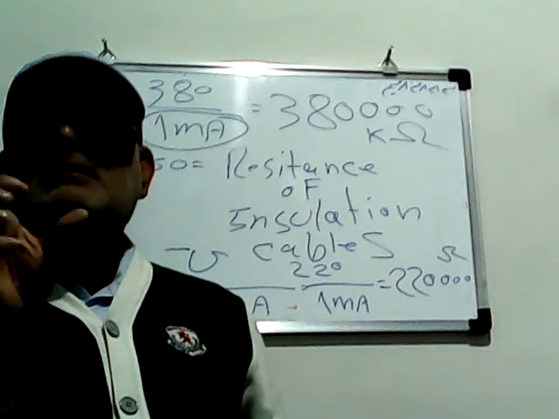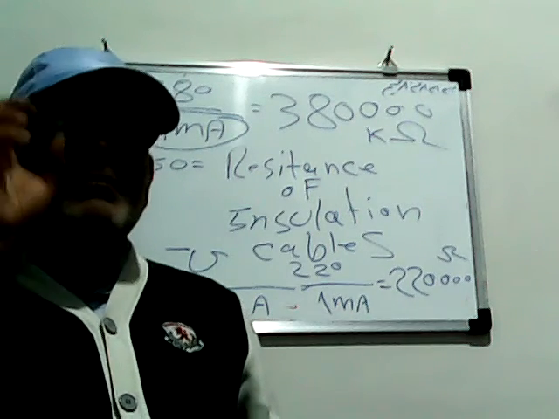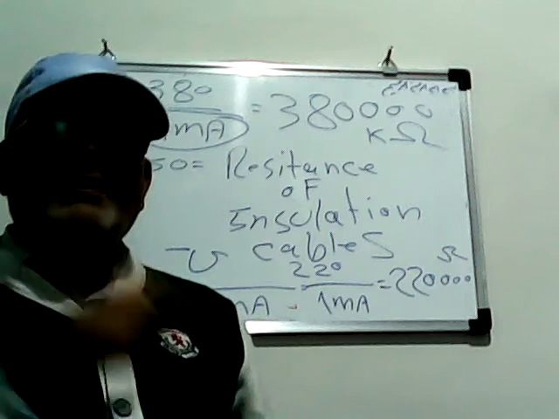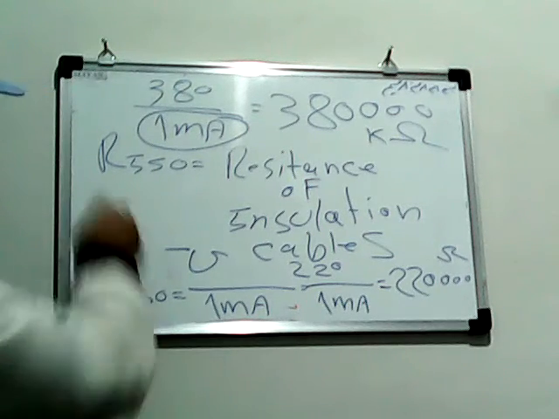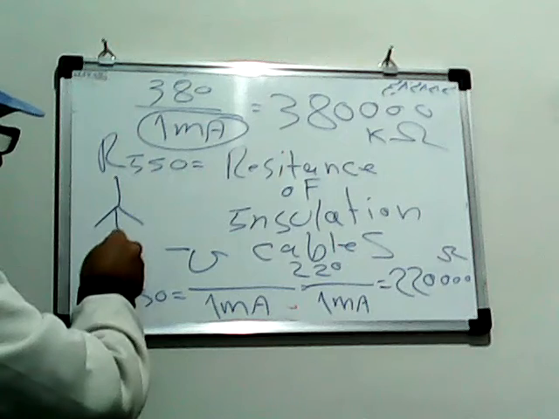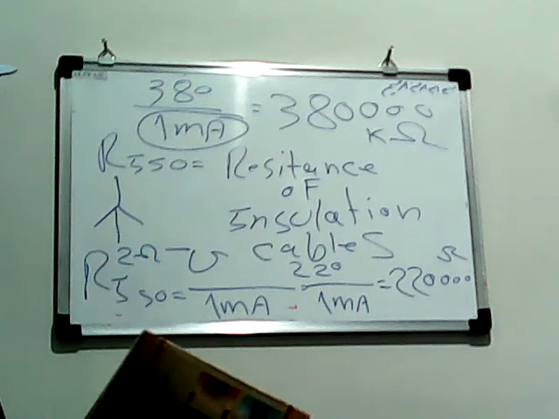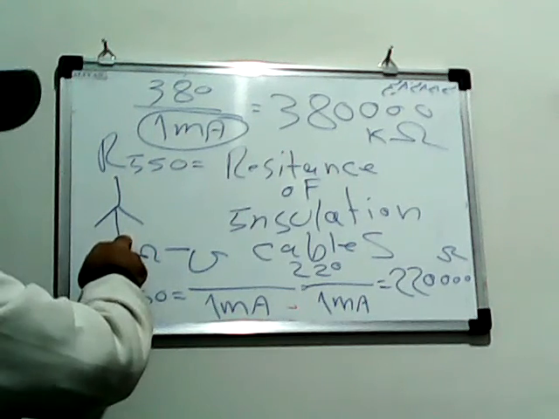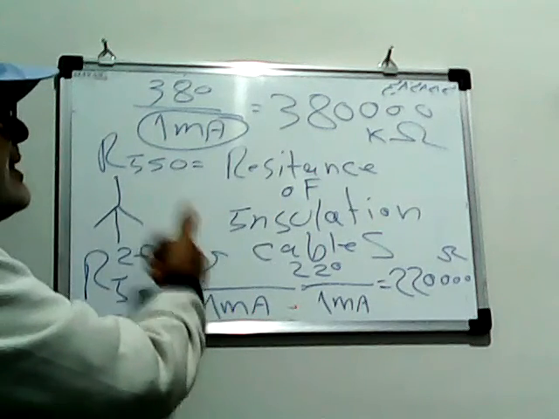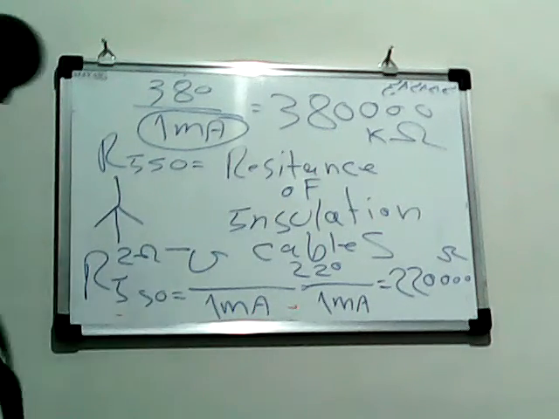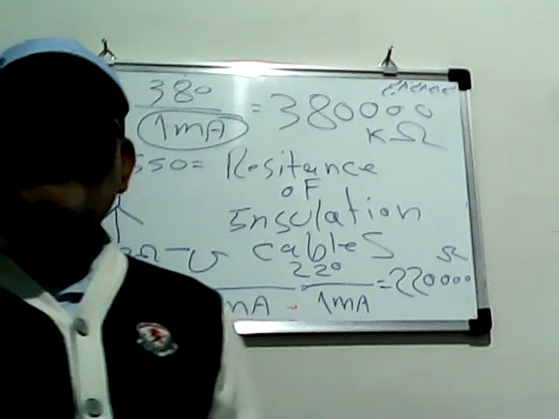The earth tester shows you the low ohmic value for RB, because for RB we want a maximum of 2 ohms, 5 ohms, and we test with an earth tester. With a Megger, we test very high ohmic values such as 380 kilo ohms.